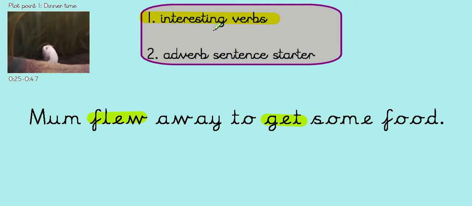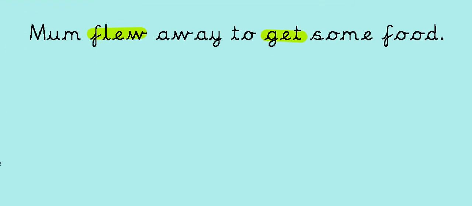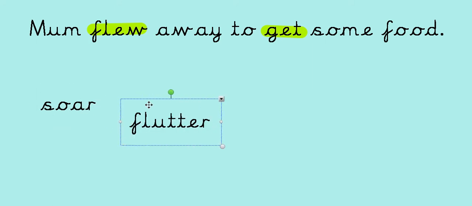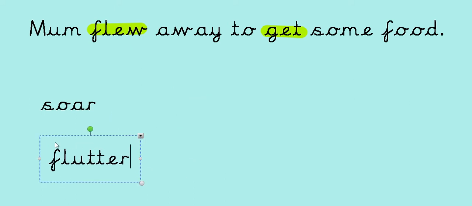they're not great. Okay? So I've got my sentence and now I'm going to try and swap some words to make it more exciting. So instead of having Mum flew away, what else could I have? Oh, some flying verbs. I could have soar. You could soar away, couldn't you? What else could I have? Flutter. That sounds a bit like the wings of a bird flapping around.